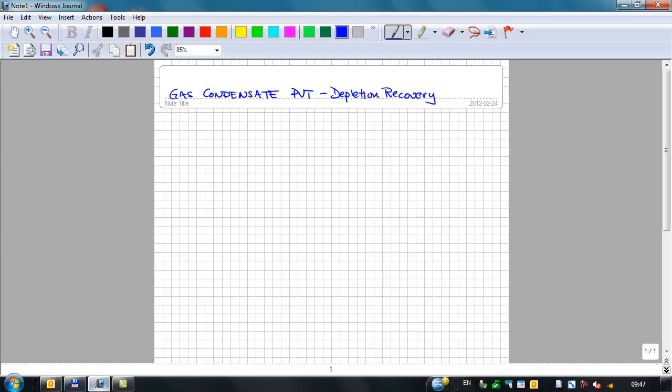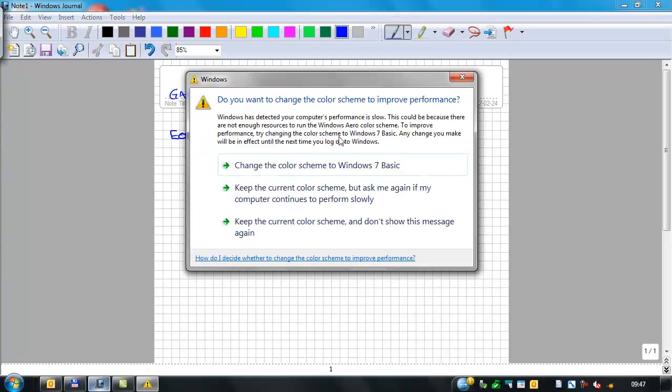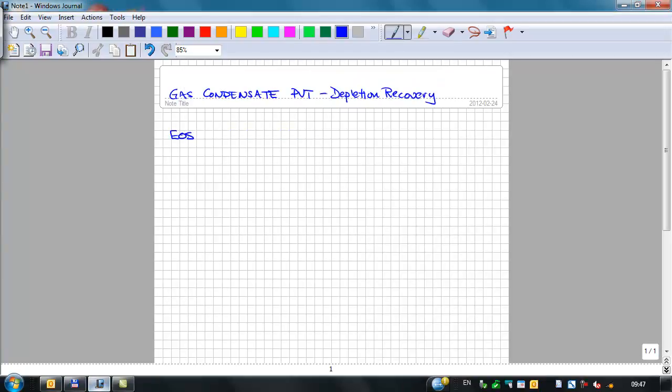That consistency of recovery factor, in particular for the condensate or the oil, is basically the goal. So we're looking at an EOS-based PVT model.